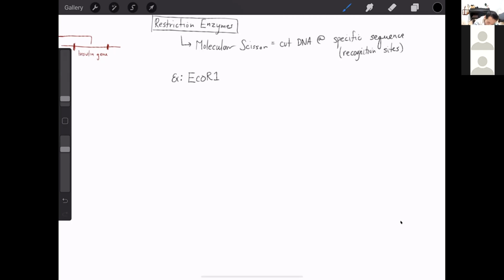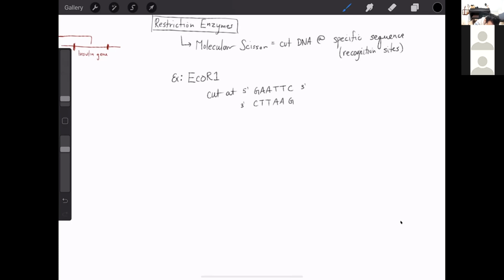Now, this EcoR1 happens to cut at GAATTC from 5 to 3 prime. So when it recognizes GAATTC, it's going to cut it. But now, one thing that you'll recognize as well is that this is actually what we call a palindromic sequence.